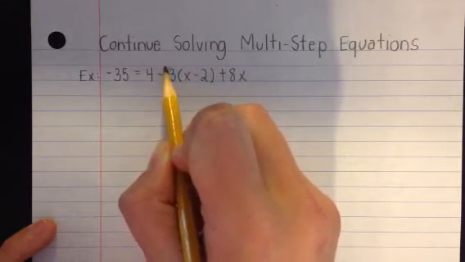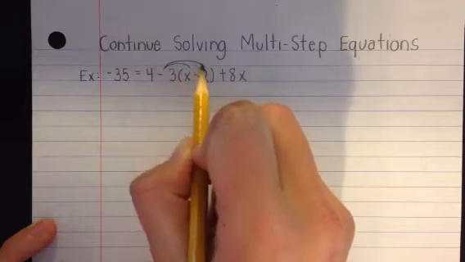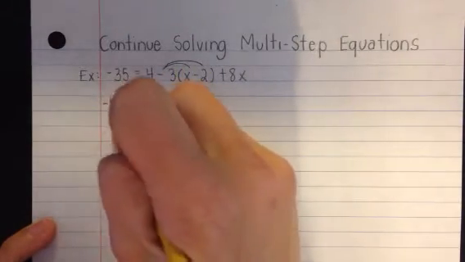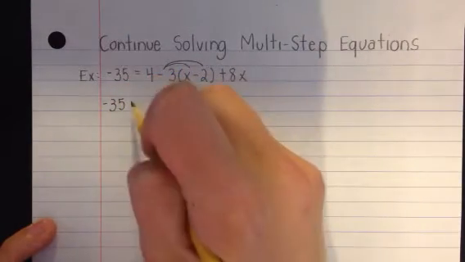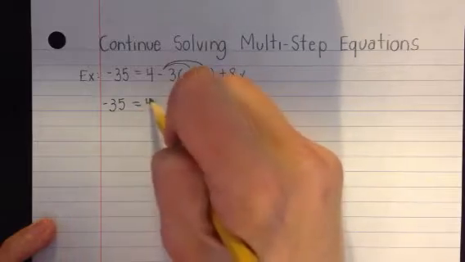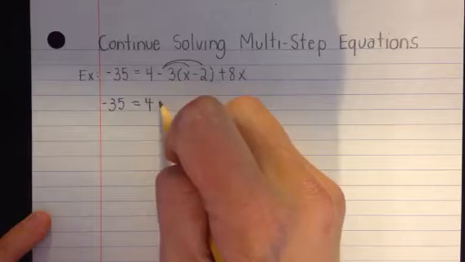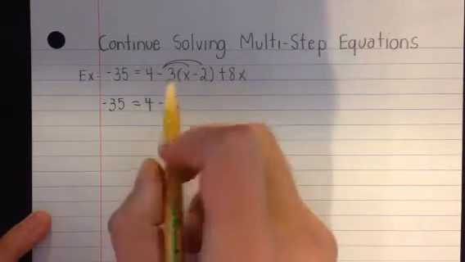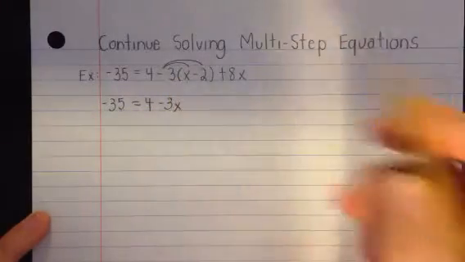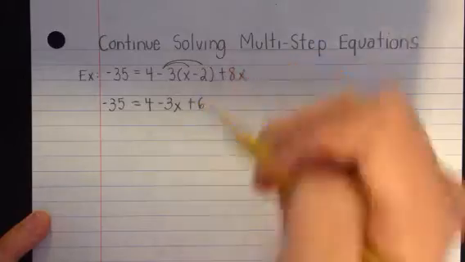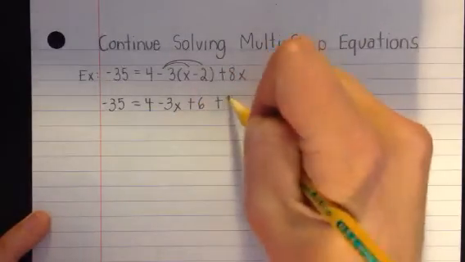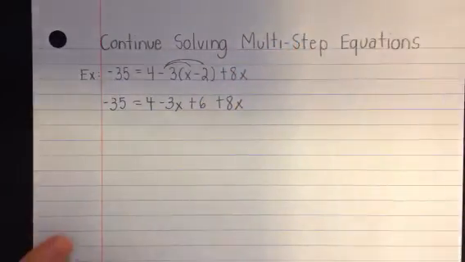So let us go ahead and distribute that -3. So I'm just going to drag everything else down. We've got -35 equals 4 gets dragged down. We've got -3 times x, which is -3x, -3 times -2, which is +6, and then drag down that plus 8x.